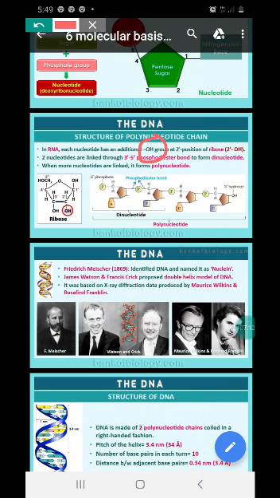Every nucleotide has one OH group in addition at the second position of the sugar molecule. Clear? And another difference between RNA and DNA is, what is that? RNA is single-stranded, whereas DNA is double-stranded. Clear? See this one, OH. Clear, children? Okay.